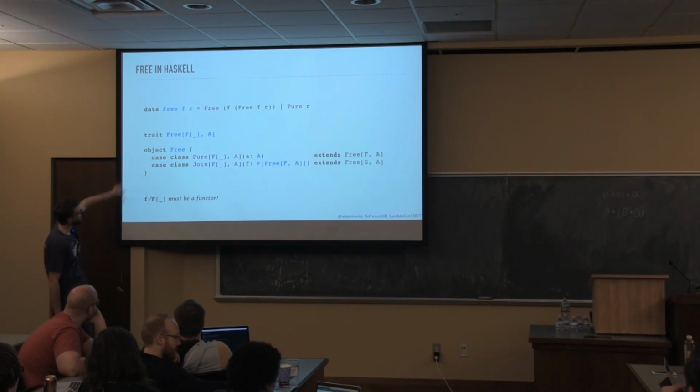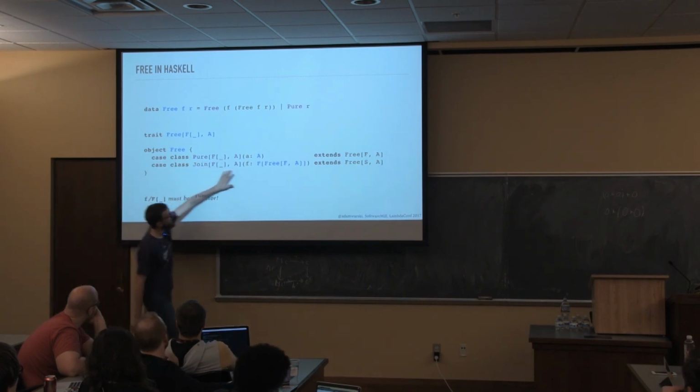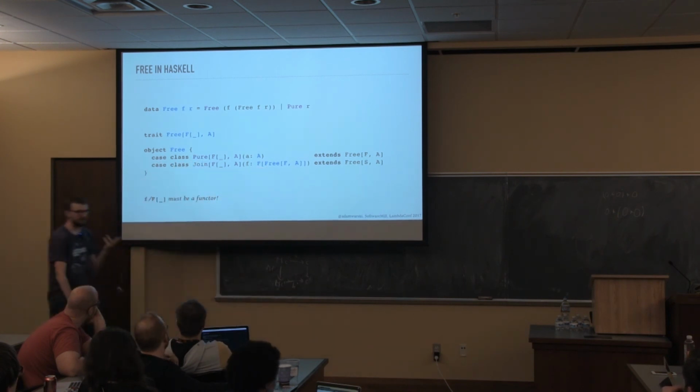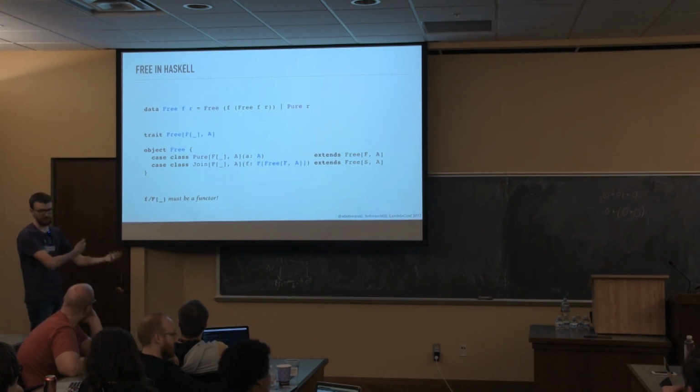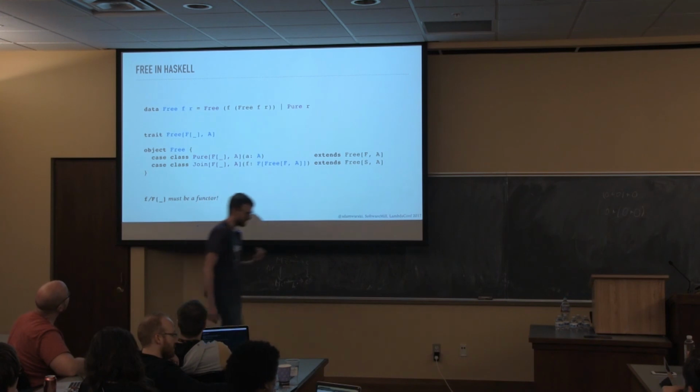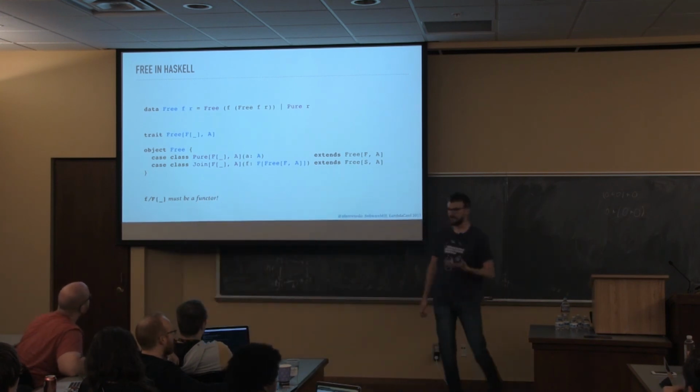So first, there's a requirement that f needs to be a functor, and second, we only have pure and a join. So this looks a bit different. So why is it the same free monad as in the previous representation? And it turns out it is.